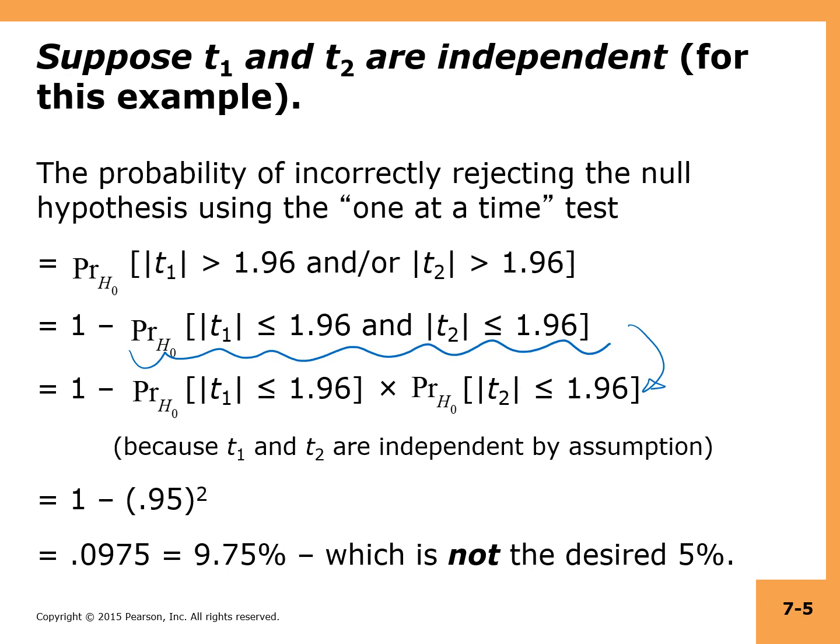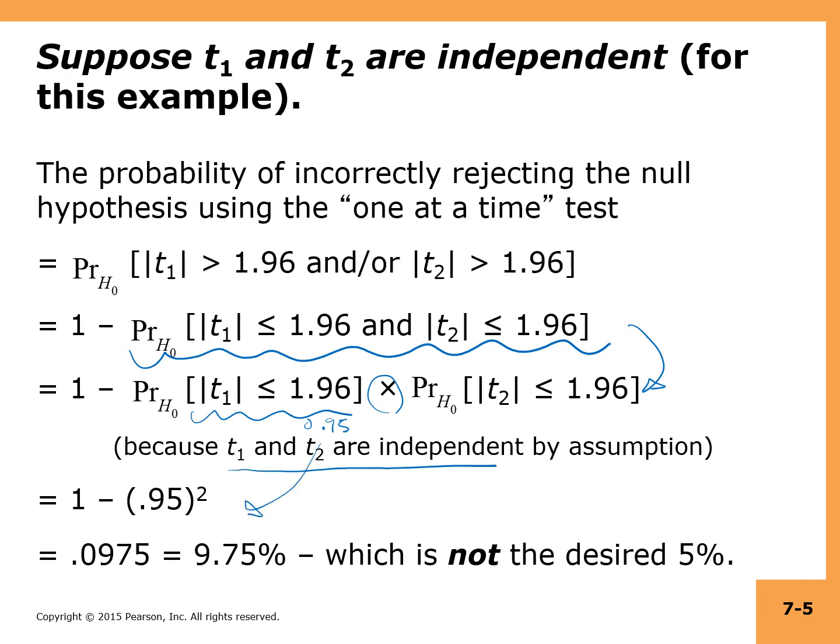From the second to the third line, this becomes multiplication because of our assumption that the test statistics are independent. And by definition, the probability of a test statistic being less than the 1.96 critical value is 0.95, or 95%.